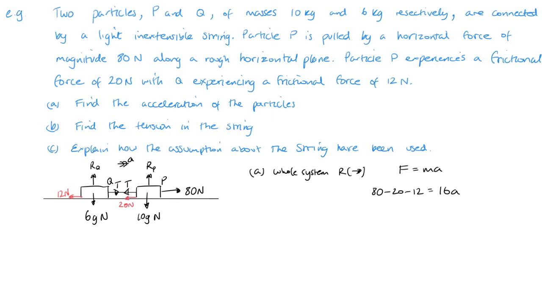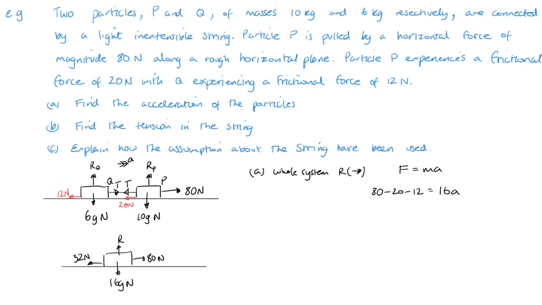So it's as if I'm dealing with this as one item. I could, for example, have redrawn it: that's 16g, that's 80 newtons, that's 32 newtons, and that's R. So that's what I could have drawn just as a single particle.